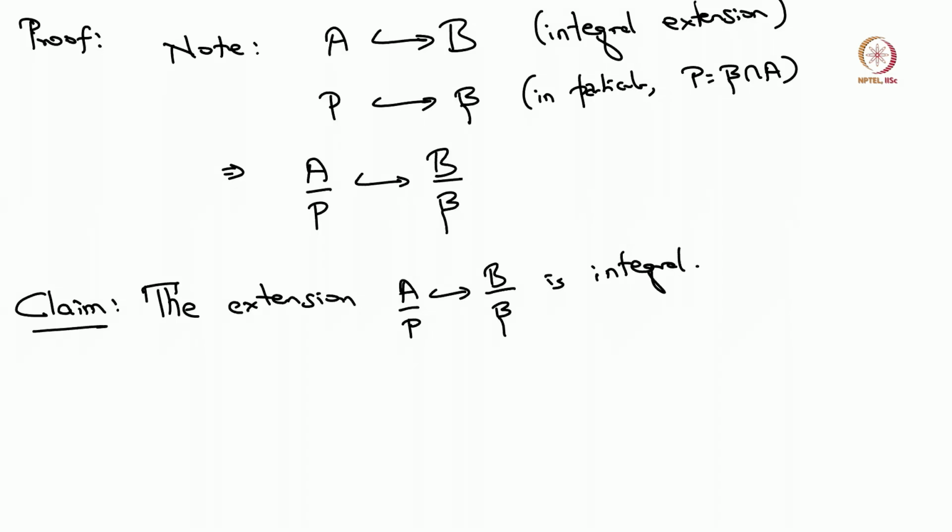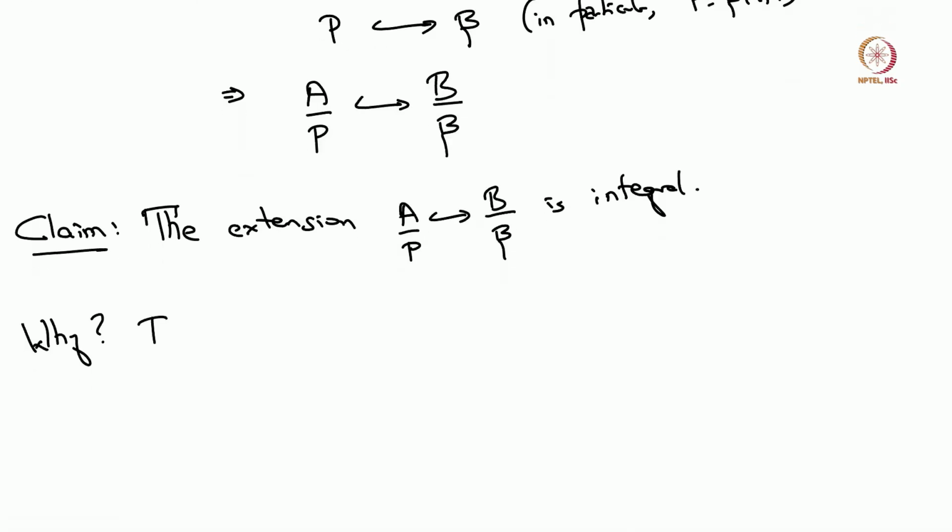And again, why? So you take any element, call it bracket B, in the quotient B over beta.